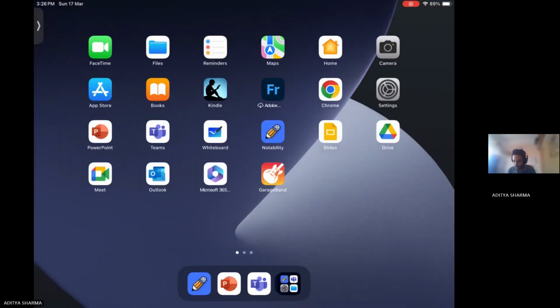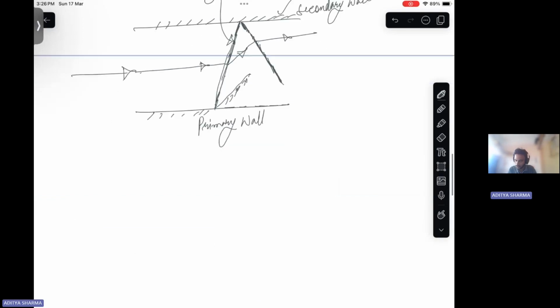I'll just draw so that it becomes more clear. Same family of oblique shocks.